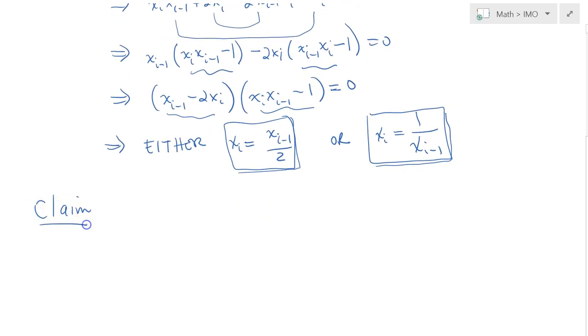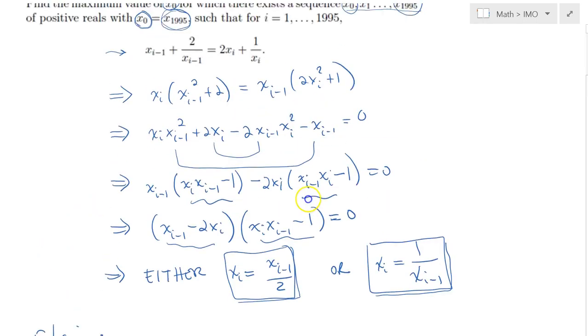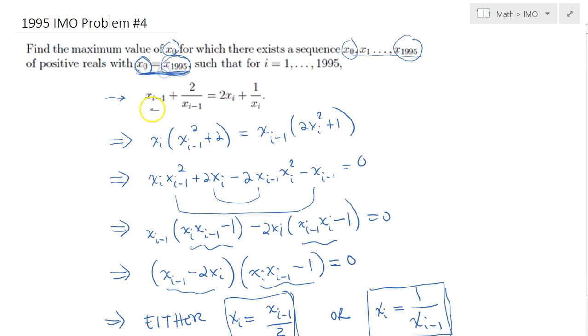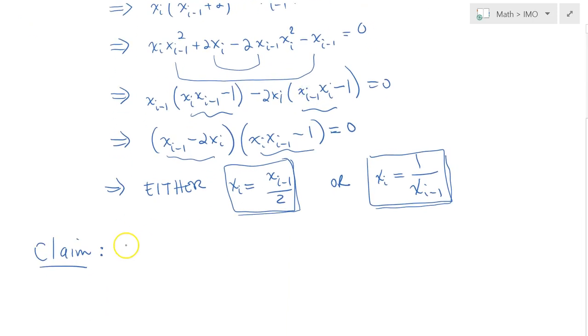I claim that if a sequence is to have the two conditions given, then this sequence has to have at least one x sub i equal to 1, among x0, x1, and so on, up to x1995.